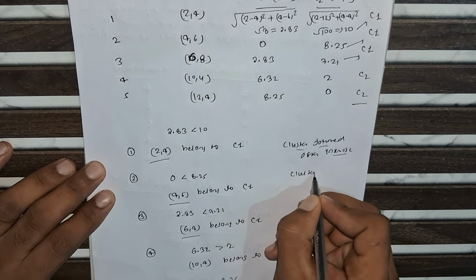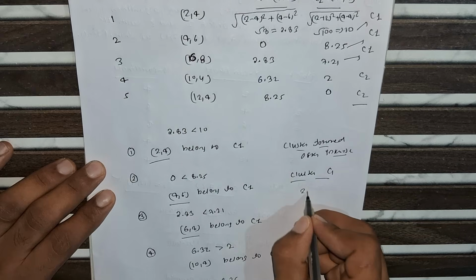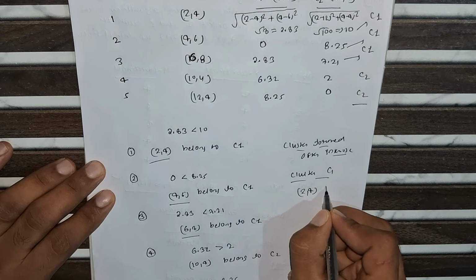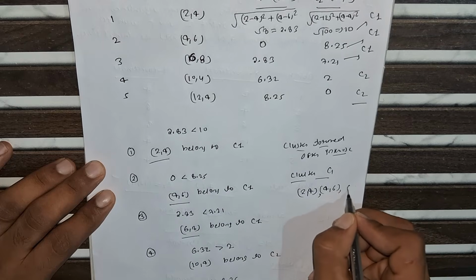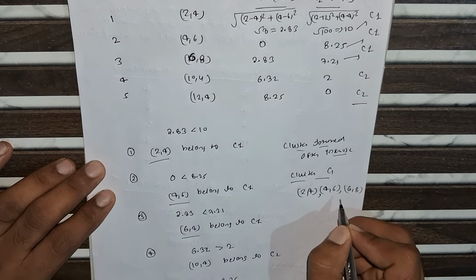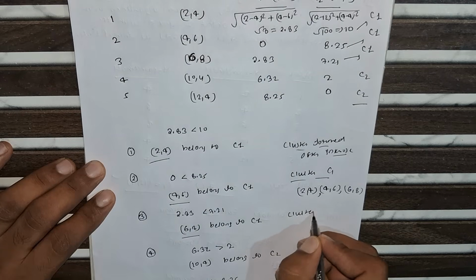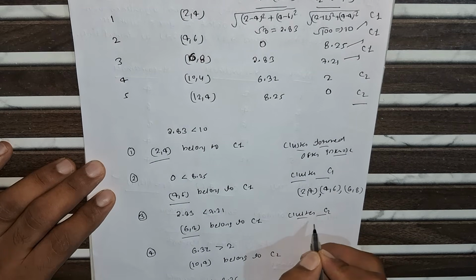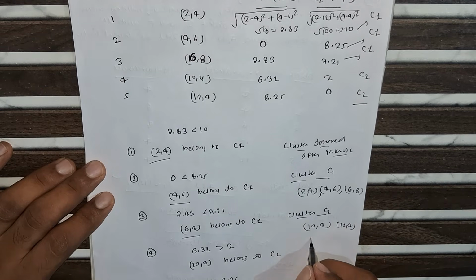The coordinates under cluster C1 are 2 comma 4, 4 comma 6 and 6 comma 8. Like that, for cluster 2, C2, the coordinates are 10 comma 4 and 12 comma 4. So here our first step is completed.